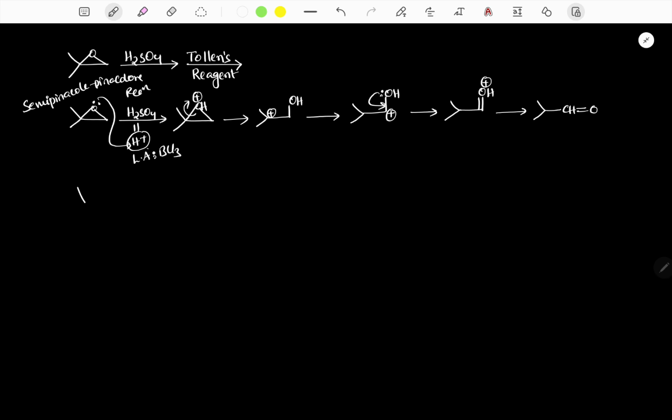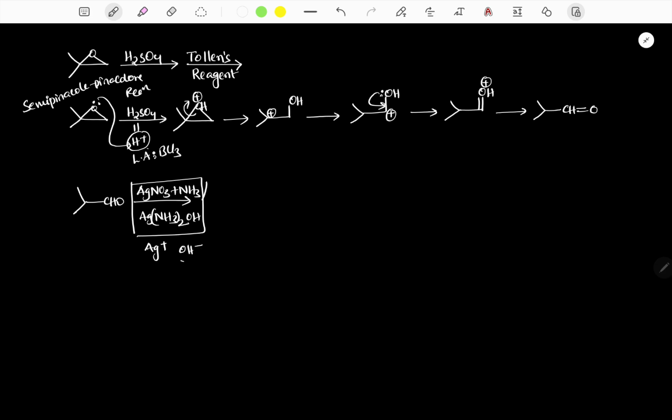Now the aldehyde is treated with Tollens reagent, AgNO3 and ammonia, otherwise Ag(NH3)2OH. For the Tollens reagent, here mainly we should consider Ag+ and OH-.